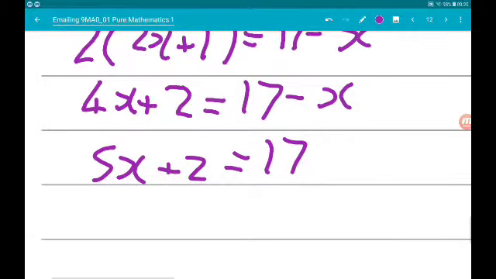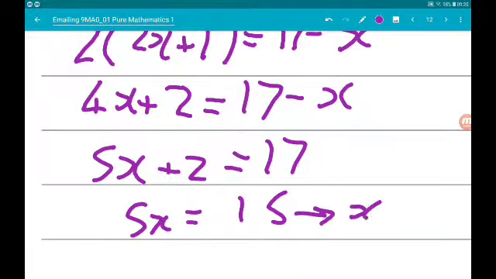Take the 2, 5x is 15. So x is equal to 3.